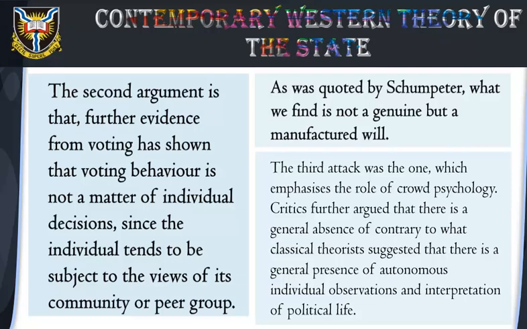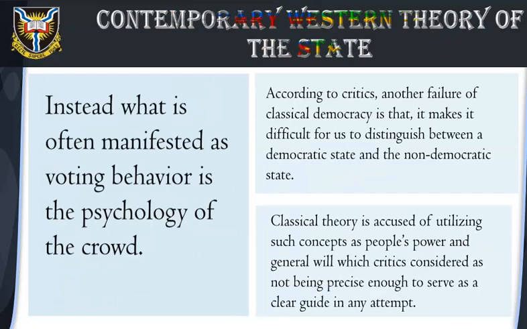The third attack emphasizes the role of crowd psychology. Critics further argued that, contrary to what classical theories suggested, there is a general absence of autonomous, individual observation and interpretation of political life. Instead, what is often manifested as voting behavior is the psychology of the crowd.